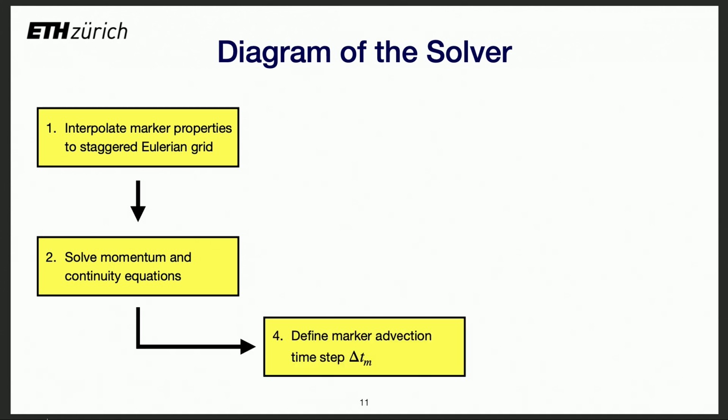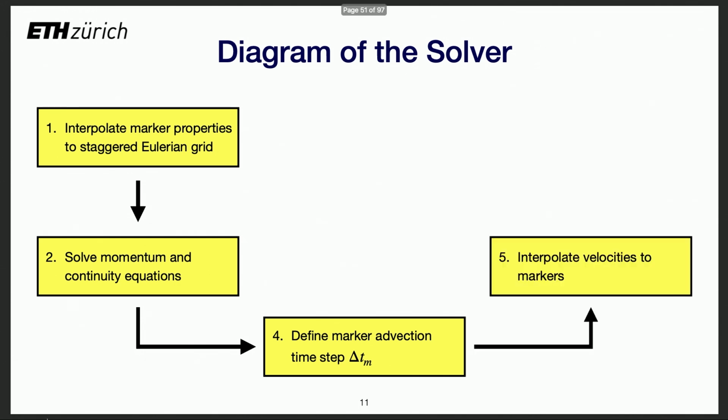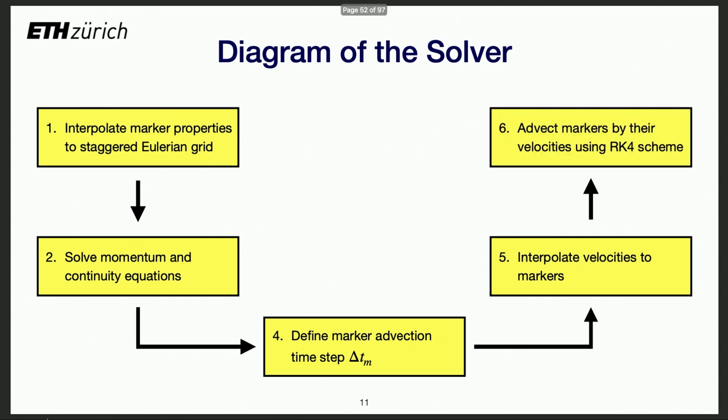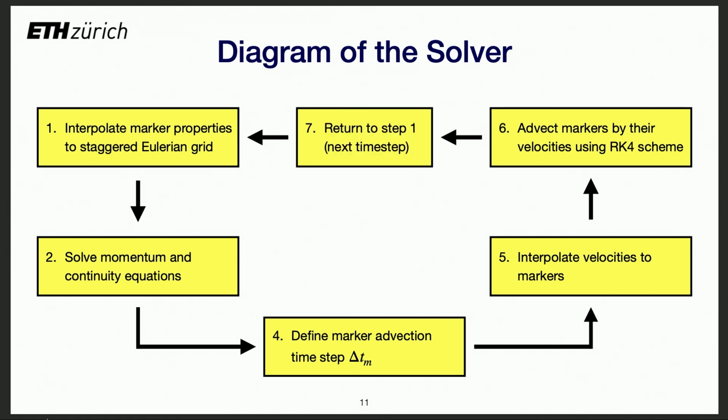We define a marker advection time step, which is required to enforce stability of the simulation via the Courant condition. We interpolate the velocities that were computed on the grid back to the markers, and we use these velocities to advect the markers using a Runge-Kutta scheme usually. And from there, we return to step 1 and begin the next time step.